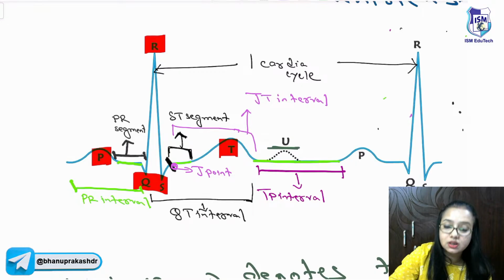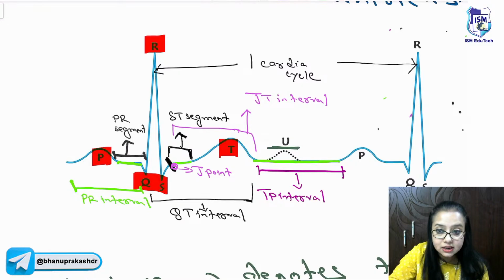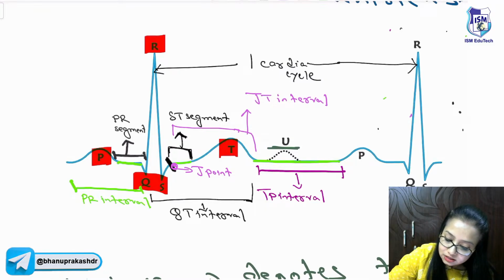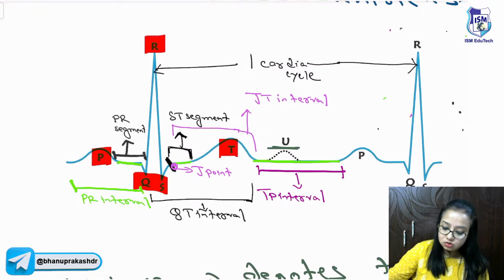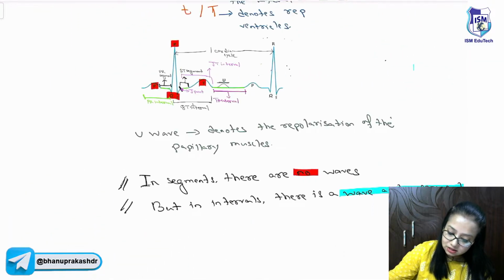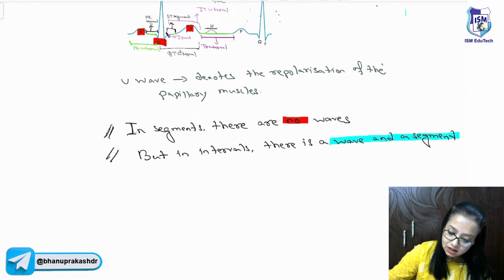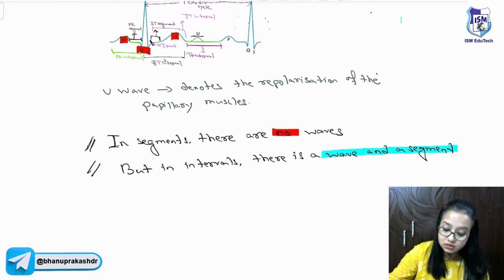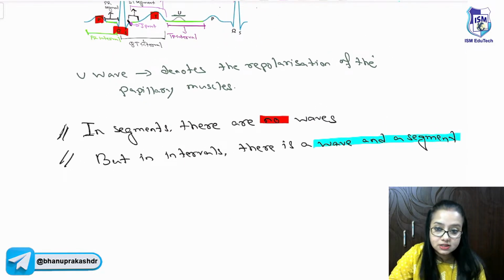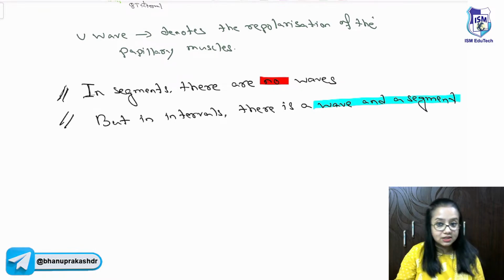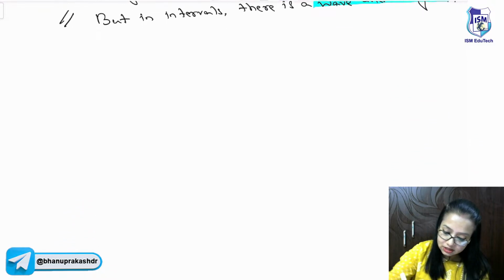This makes it easy to calculate the heart rate from the gap between two R waves. These are the important segments and intervals. Now we will understand each wave, interval and gap in the context of clinics.